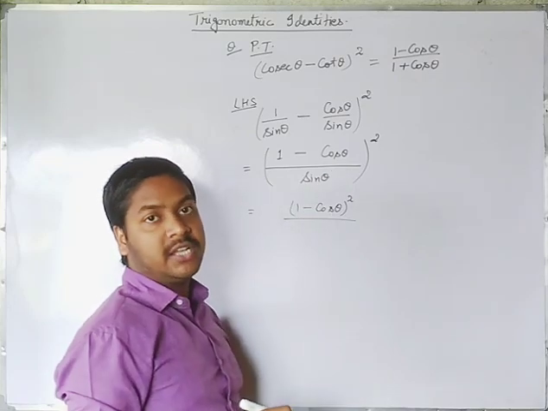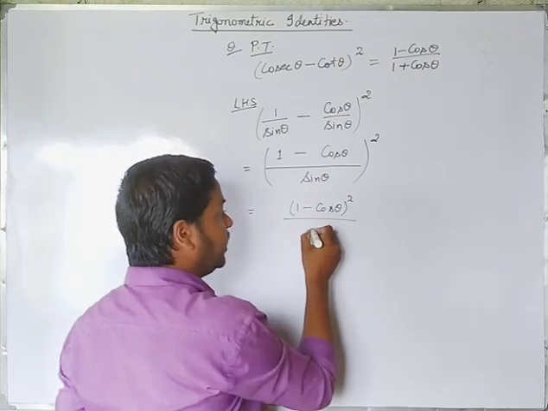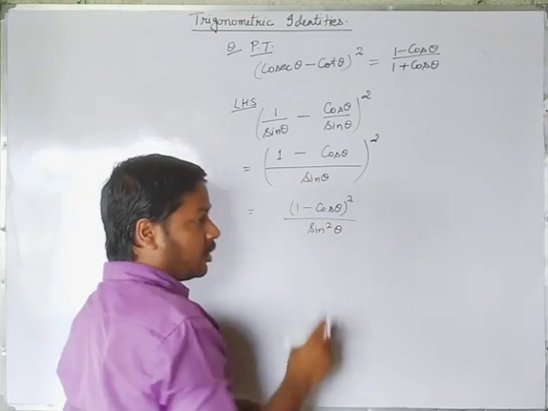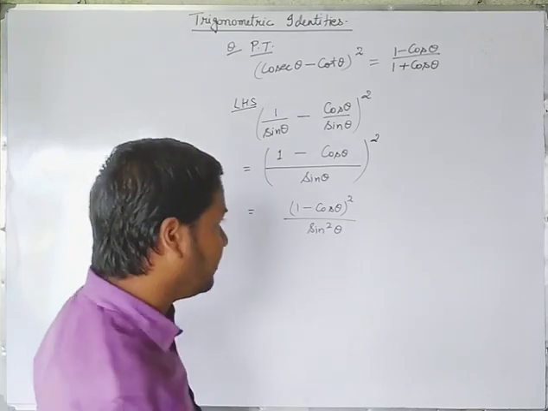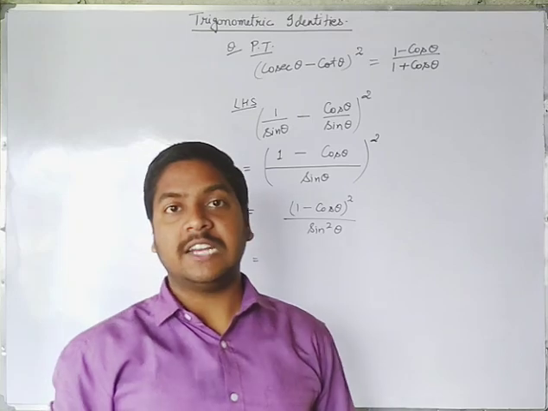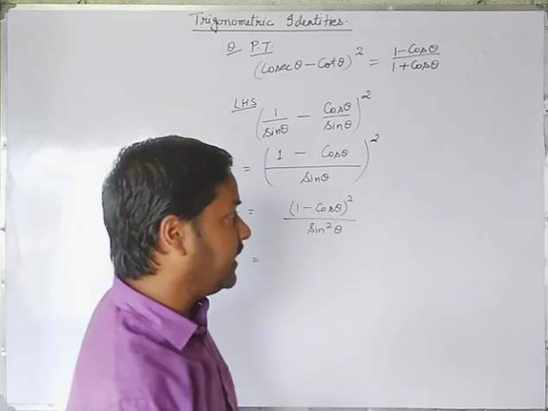It can be written as sin square theta; sin theta whole square and sin square theta have the same meaning. Now we have seen in the formula that sin square theta can be written as 1 minus cos square theta.